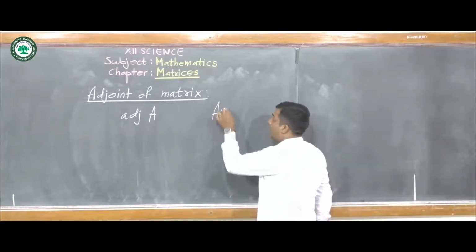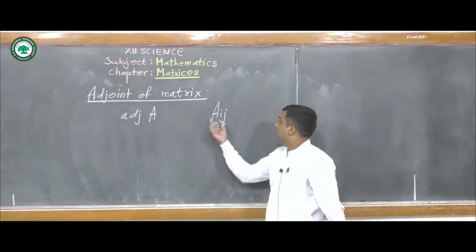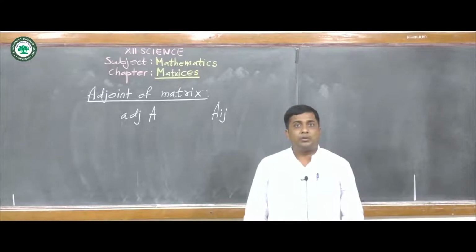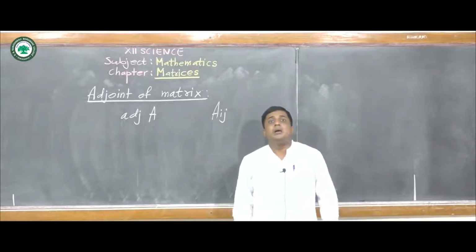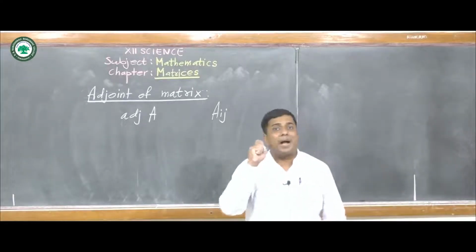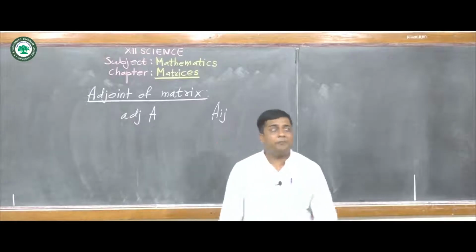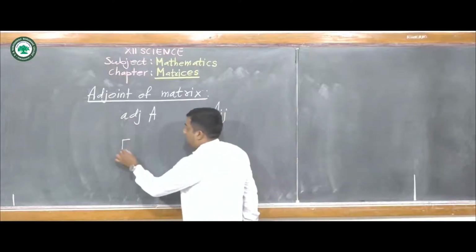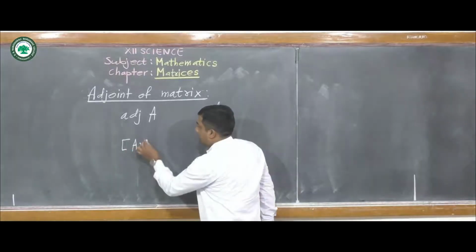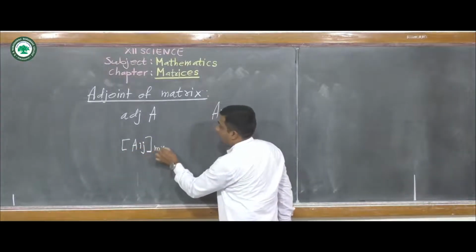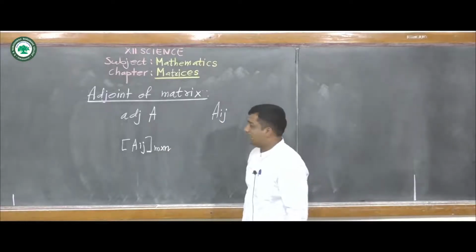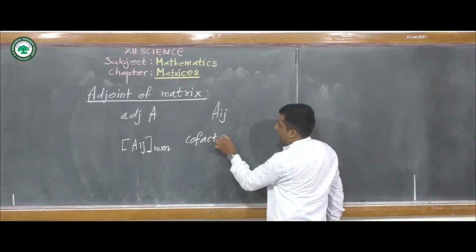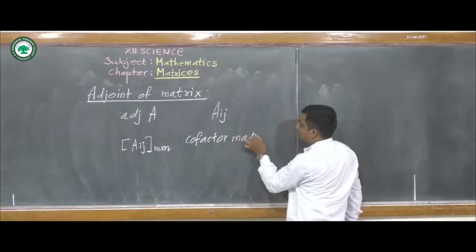We consider each element of Aij to define the adjoint of A. We consider the transpose of the cofactor matrix. Let Aij have order m by n. This is the cofactor matrix.